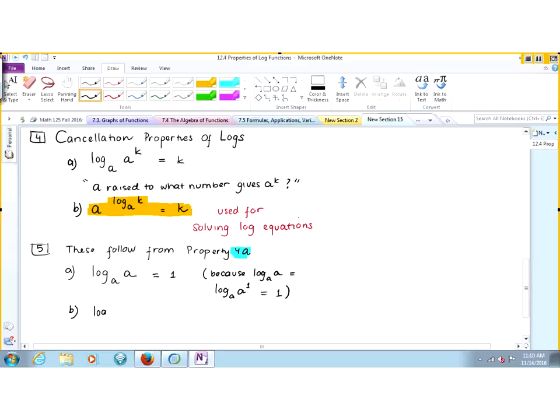Now the second property that follows from property 4A is, what is log base A of 1? Log base any number of 1. What would that be?